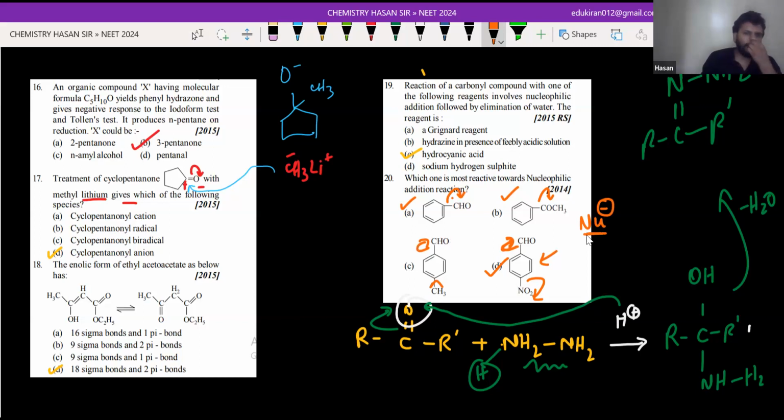So nucleophile wants to attack, that means it wants to go to that compound faster, which is in requirement of more electron. So there is only one electron withdrawing group here, and there is an electron withdrawing group plus I effect there. This will be the least, and this will be the maximum. Can I change the slide? So the answer is D.